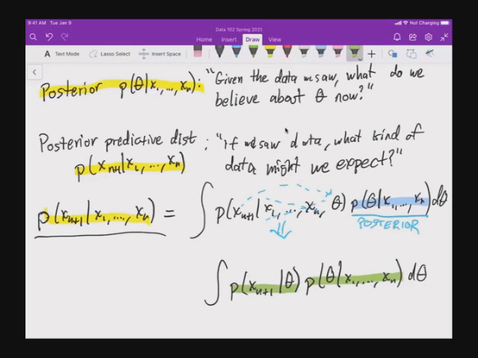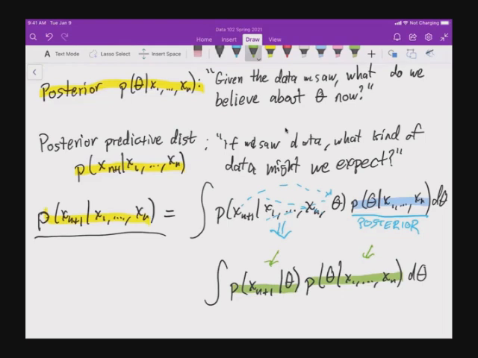Now let's think about a different theta that's not as reasonable given the data points. So this second term is going to be low, and the first term is going to be down-weighted for that particular value. So we're averaging over all possible thetas the likelihood for the new data point times the posterior distribution, that is, how likely that theta is.